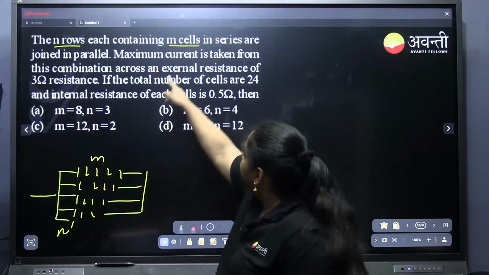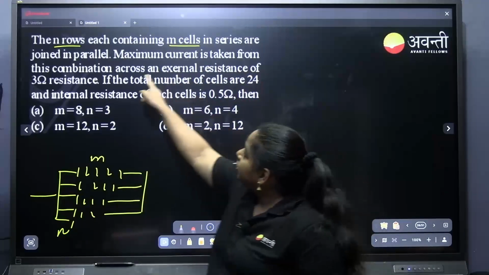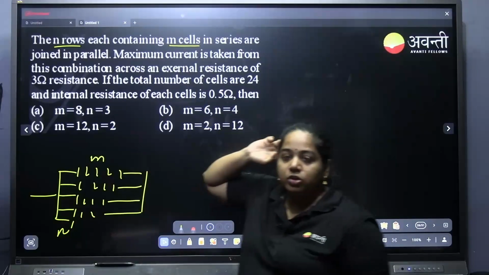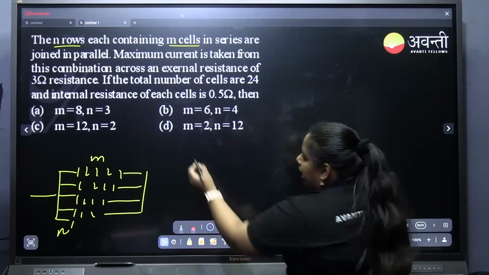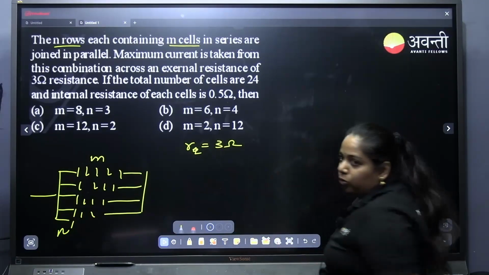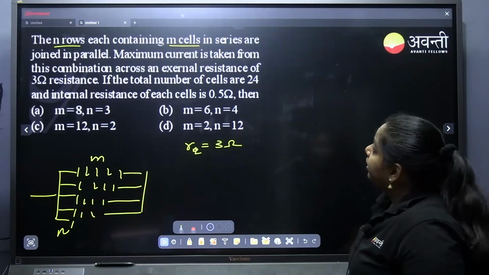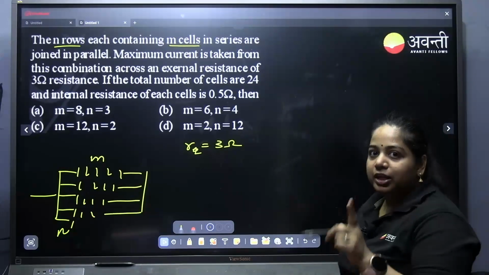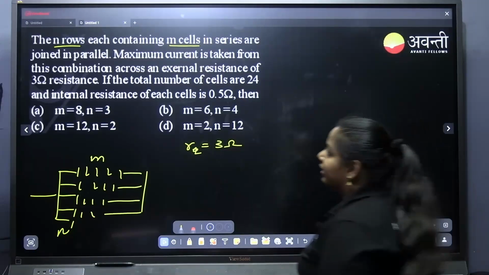The maximum current is taken from the combination across an external resistance of 3 ohm, so maximum R equivalent is given as 3 ohm. All the cells are identical, so their internal resistance is also identical.